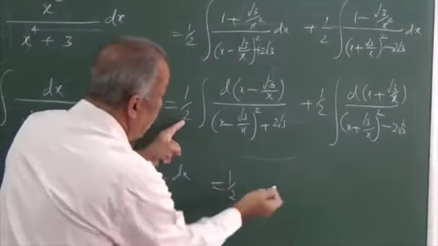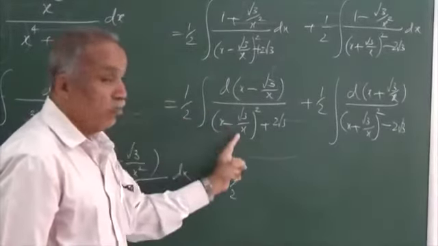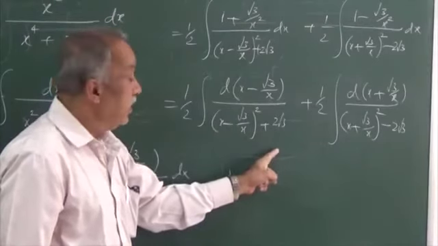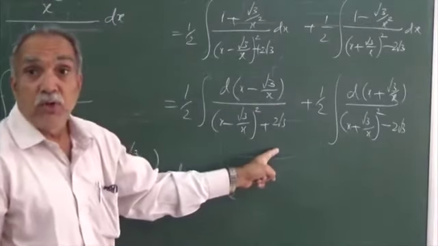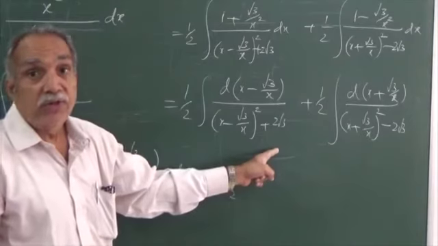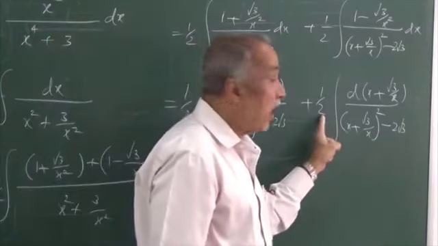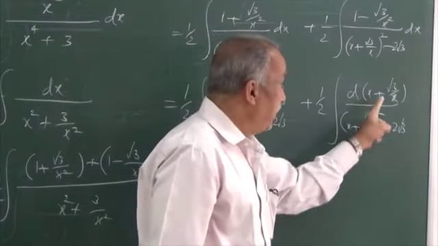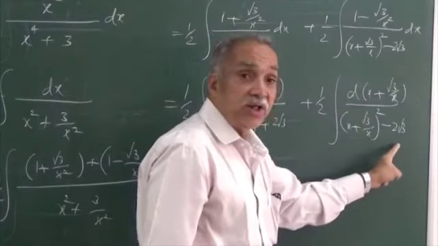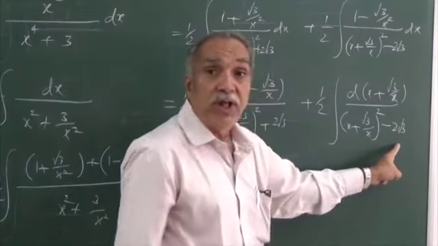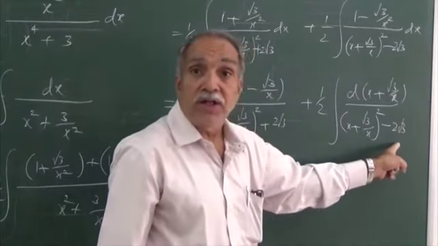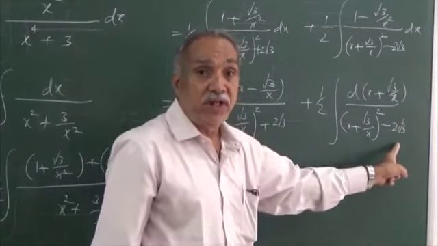This is half of dy by y square plus a square, the integral of which is 1 by a tan inverse y by a. This is the integration of half of dt by t square minus a square, the integral of which is 1 by 2a log of t minus a by t plus a.